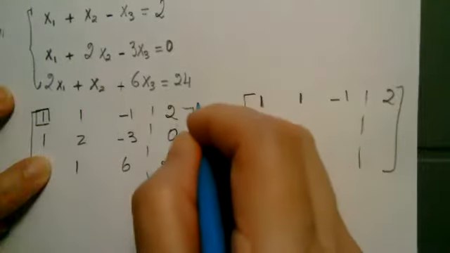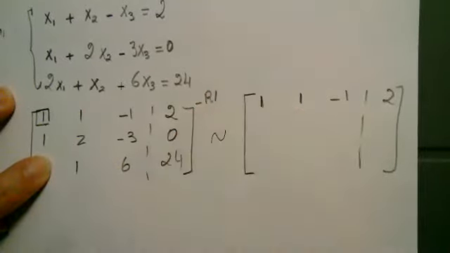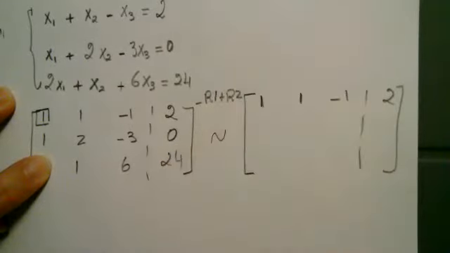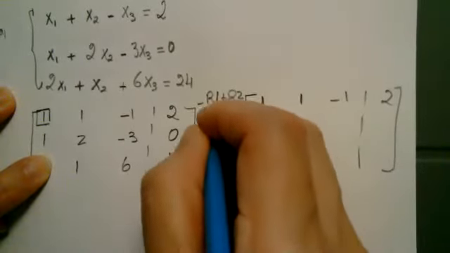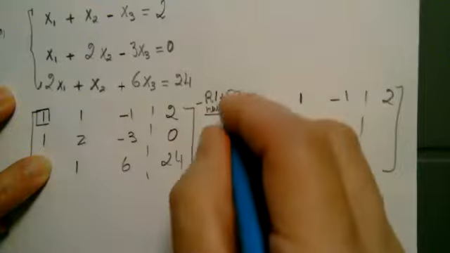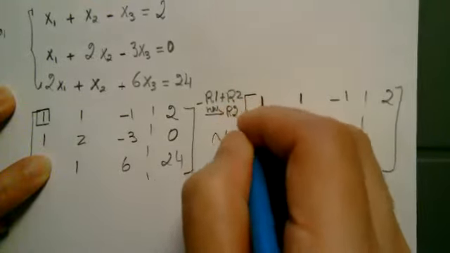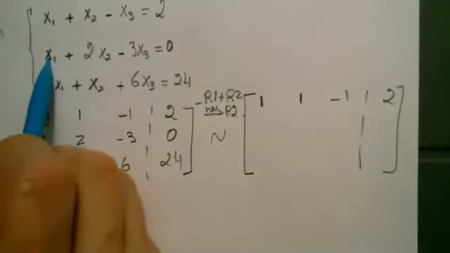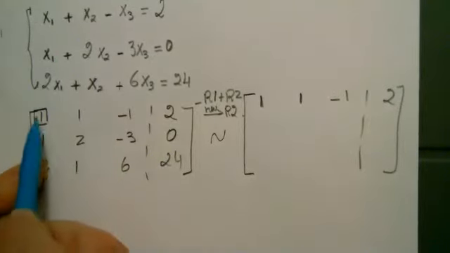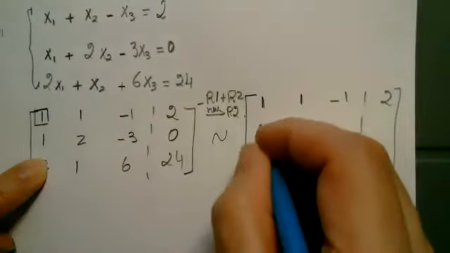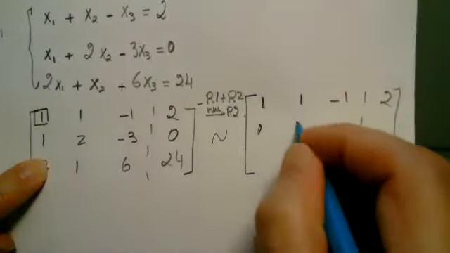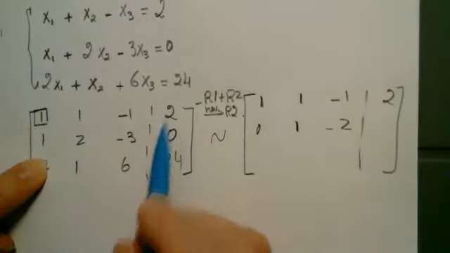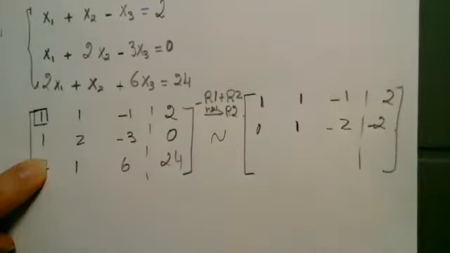I'm going to take the first row, multiply it by a negative, add it to the second row, and replace the second row by the resulting object. This will become my new row 2. The idea is to get rid of the coefficient of x1. So minus 1 plus 1 is a 0, minus 1 plus 2 is a 1, minus minus is a 1, minus 3 is a minus 2, and then minus 2 plus 0 is a minus 2.